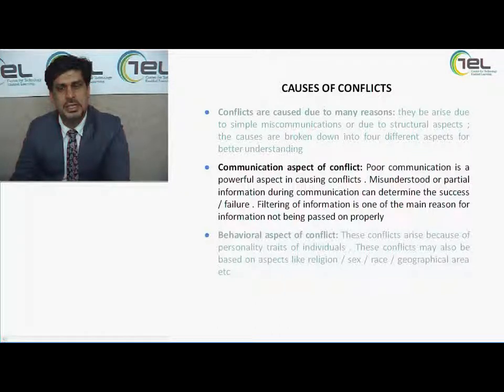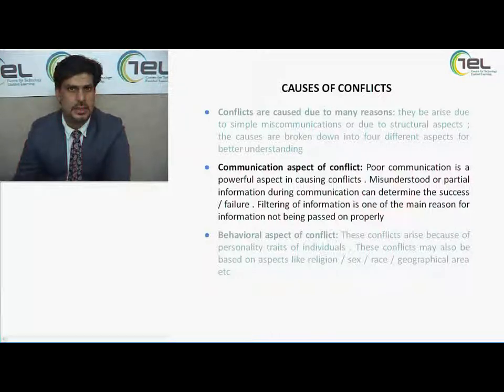Poor communication is a powerful aspect in causing conflicts. Misunderstood or partially understood information during communication can determine the success or failure of the task at hand. Filtering of information is one of the main reasons for information not being passed on properly in the organizations.